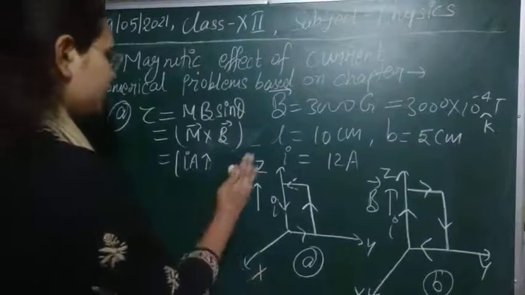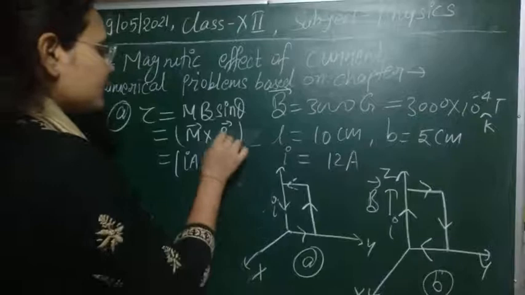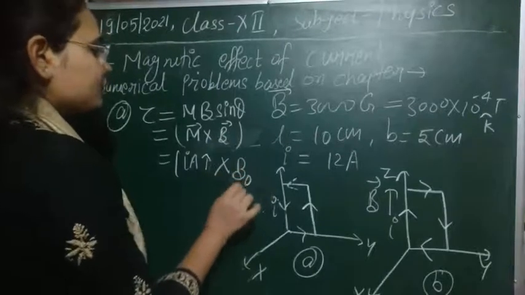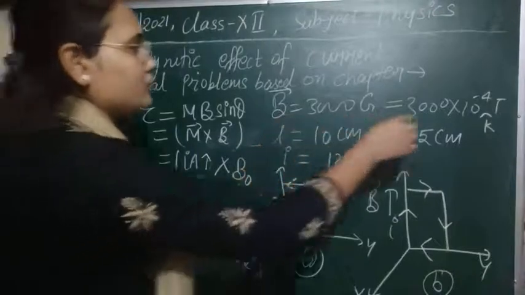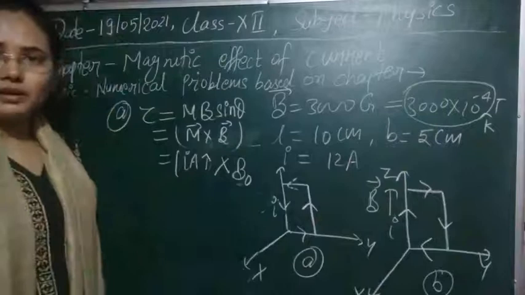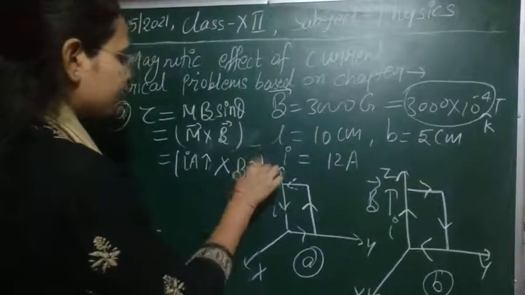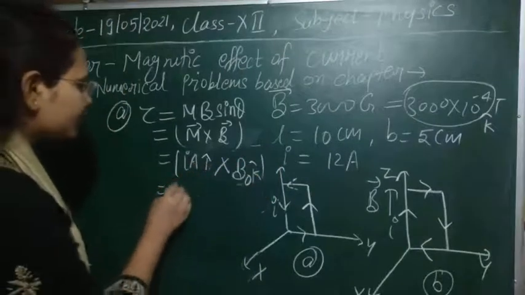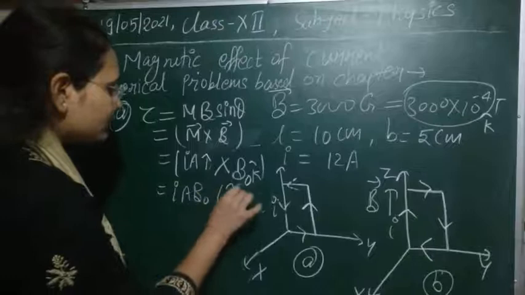Then cross this with the magnetic field. Suppose B0 is the magnitude given to us, so the field is B0 into k. So after solving, we have IA B0 times i cross k.